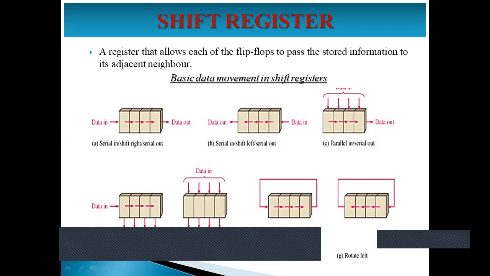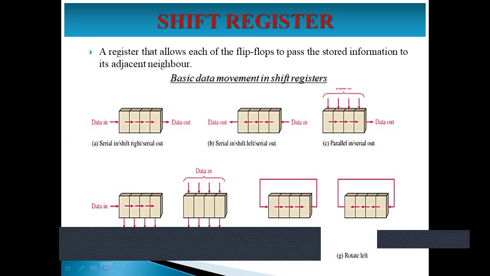That is why it is called serial out. You are giving your data parallelly, so it is called parallel in. At the same time you are giving all the 4 data, so it is called parallel in. But your output is serial, that is one by one it is moving. That is why it is called parallel in, serial out.